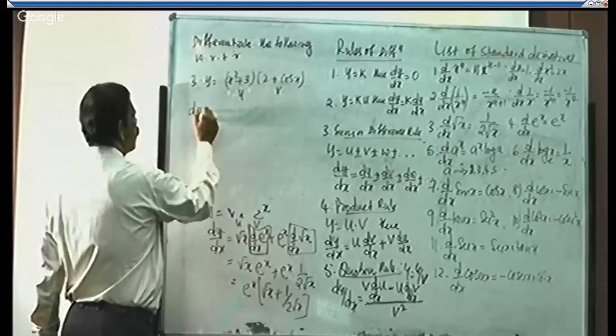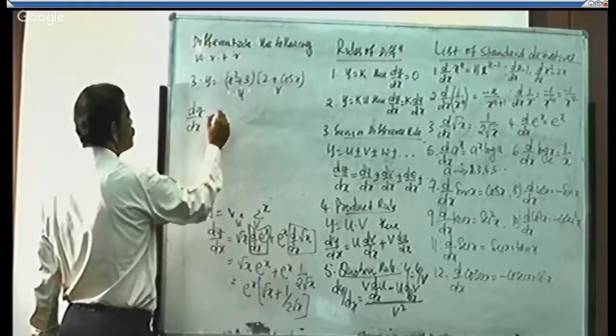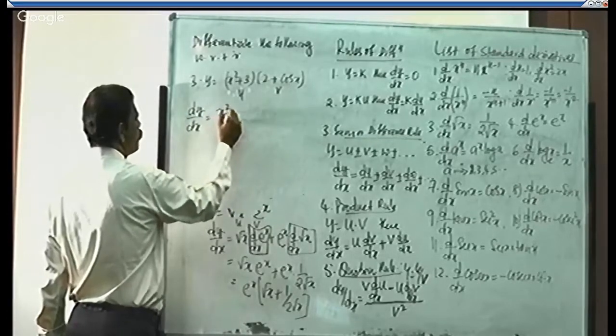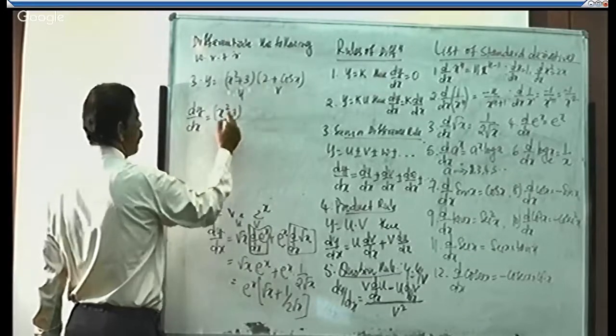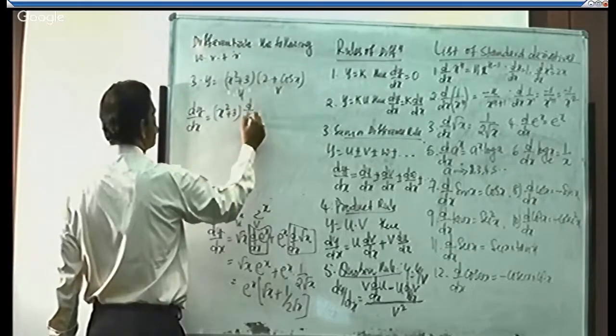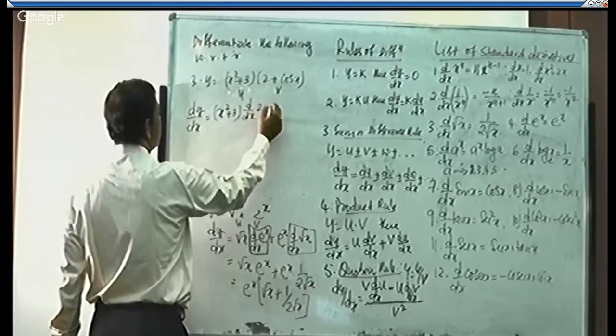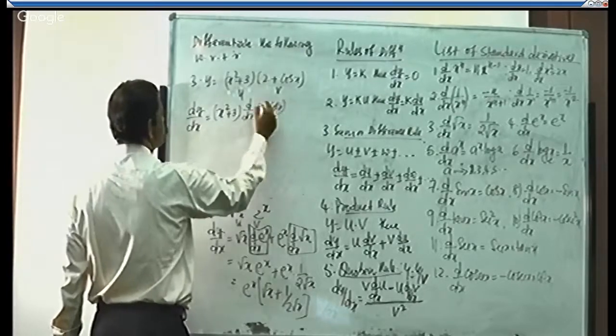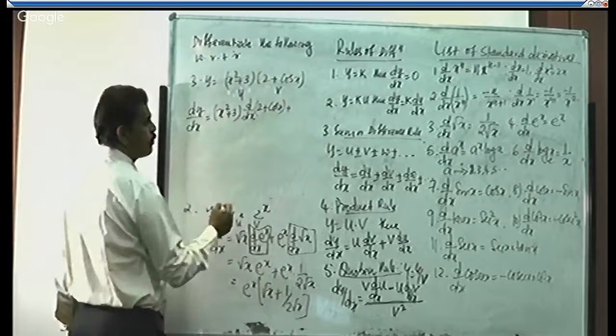Therefore, write according to the rule. What does the rule say? u. What is u? x square plus 3, into what? d by dx of v. What is v? 2 plus cos x, plus v.